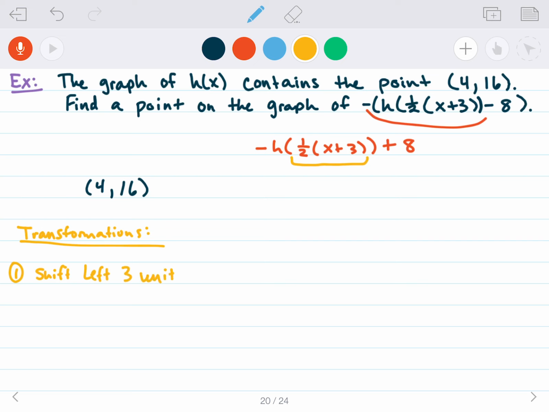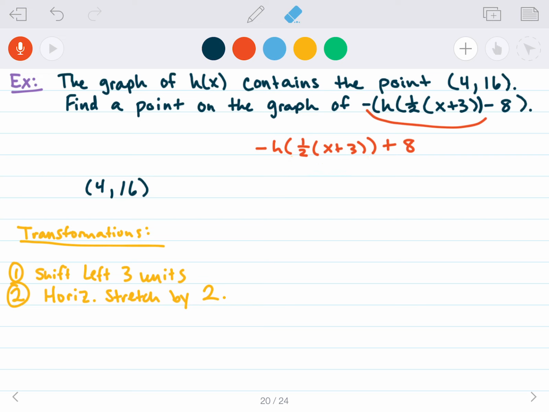And the second thing that's happening to x, well, this 1/2 in the front is telling me this is a vertical stretch, or sorry, a horizontal stretch, by a factor of 1 over 1/2, which is 2. All right, so that's what's happening to x.